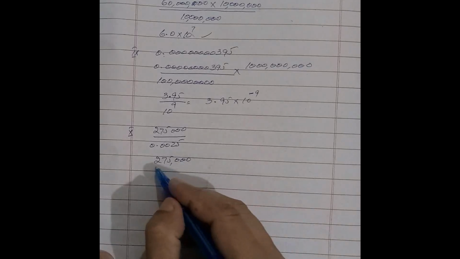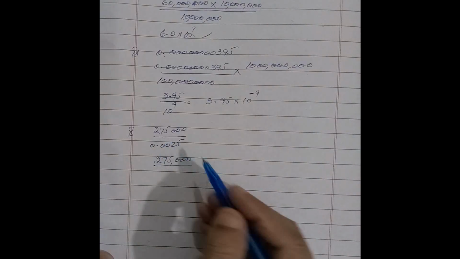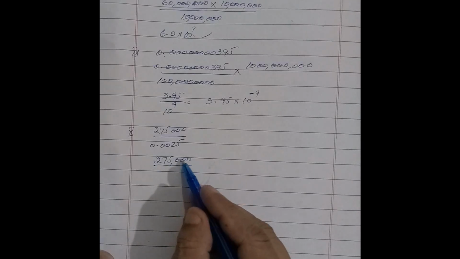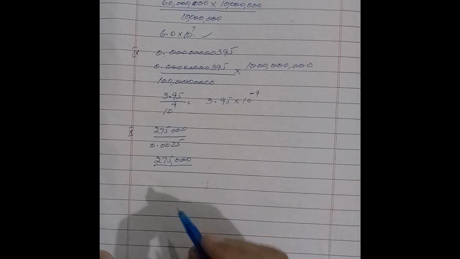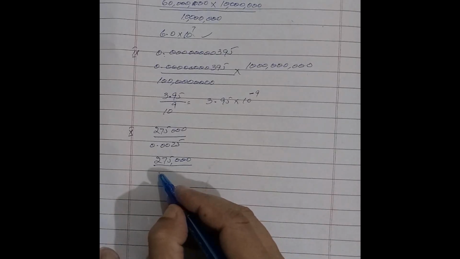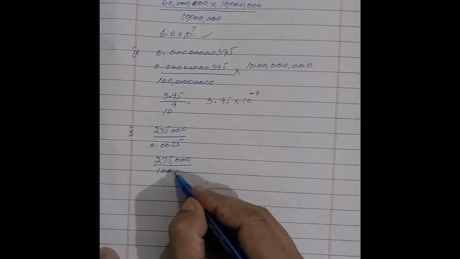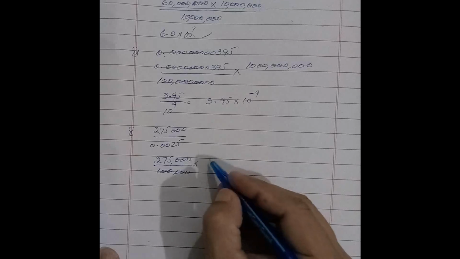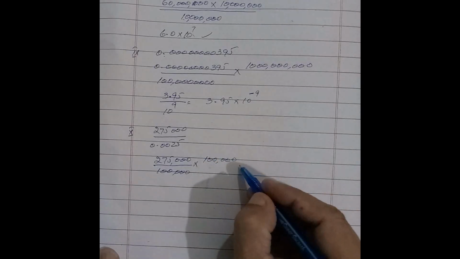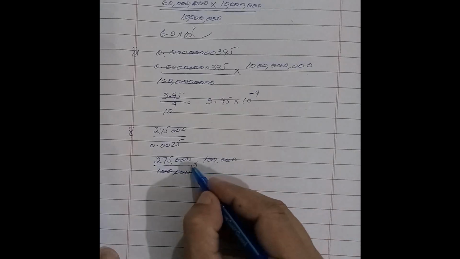It is divided by 100,000 and also multiplied by 100,000.